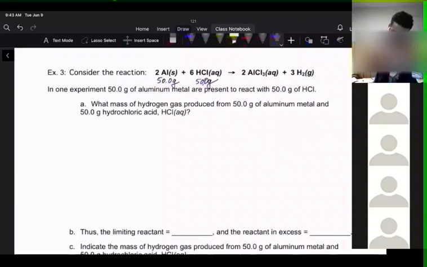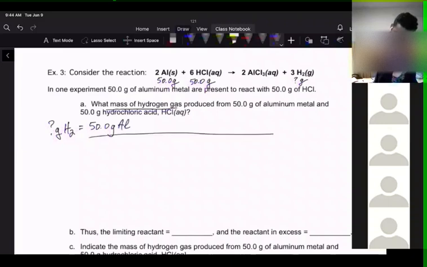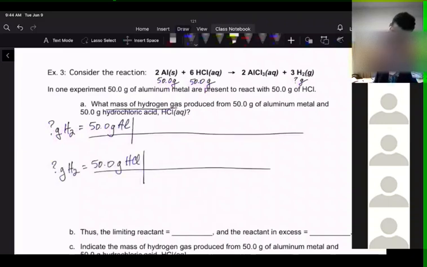So we don't know from the starting materials which one is limiting. And we are going to look for hydrogen. So again, we're going to have two parallel calculations. Okay, do you know what to do?